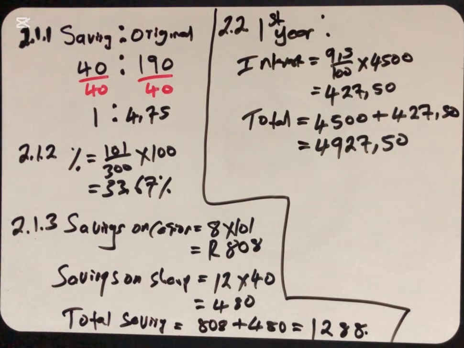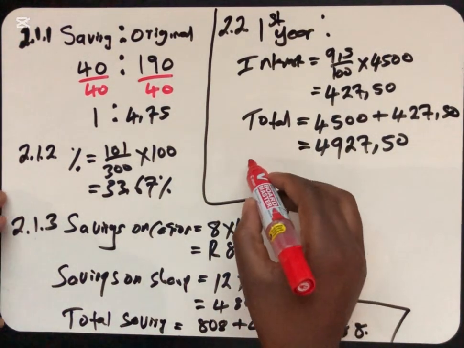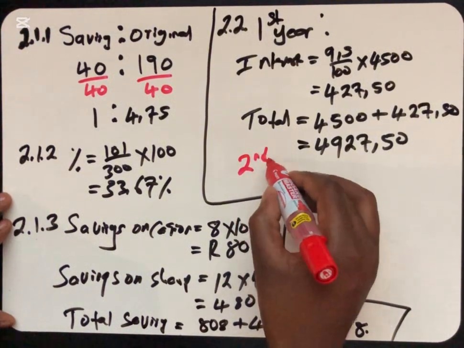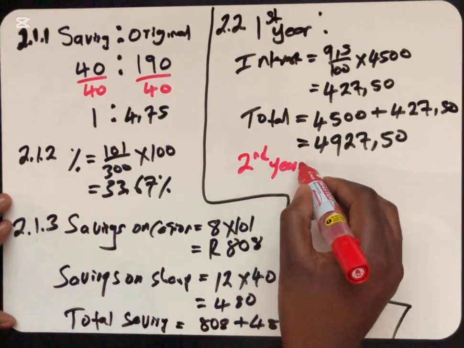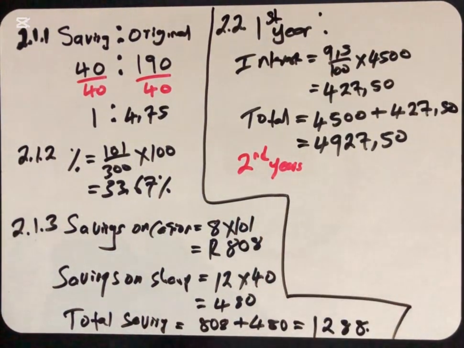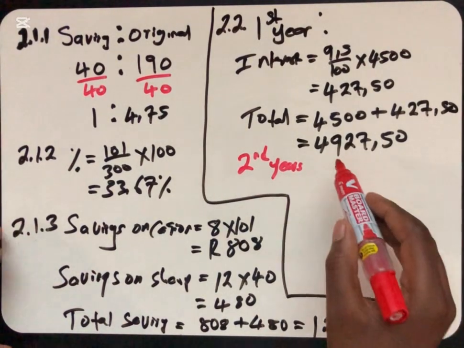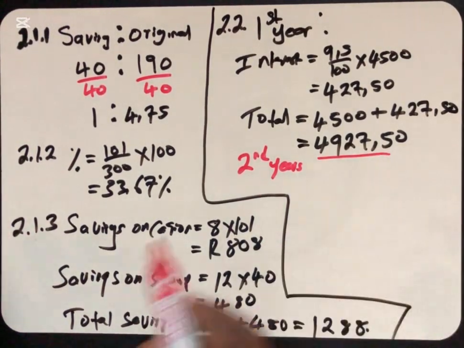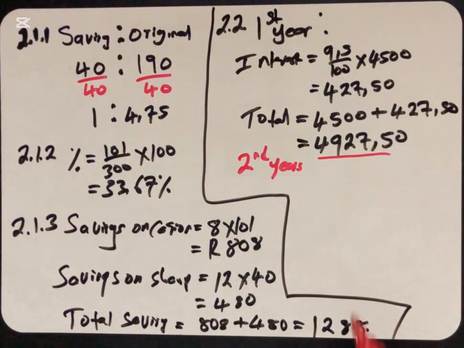So now we move to year number 2, second year. We do the very same calculation for the second year. But you should not forget now, the accumulated amount is 4,927.50. So we are now going to move with this amount to the second year.